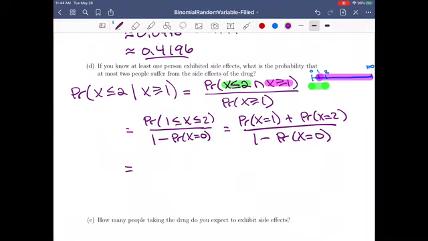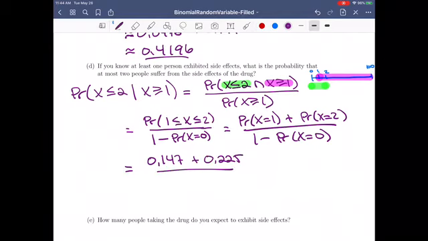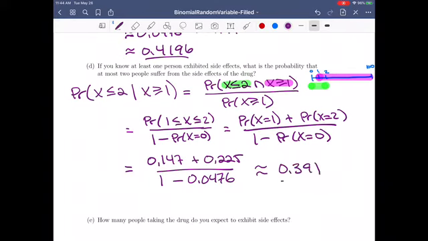Now we've actually computed all of these already. So probability of x equals 1 was 0.147. Probability of x equals 2 was 0.225. And then the probability of x equals 0 was 0.0476. Okay, so if you compute this, you get 0.391.